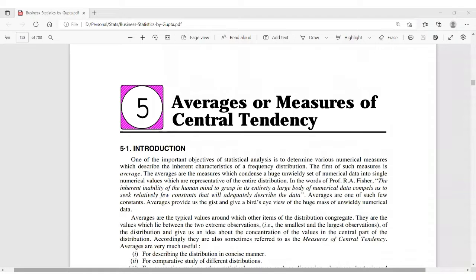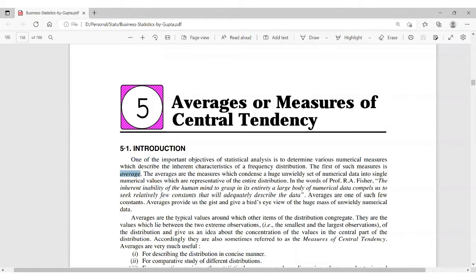One of the important objectives of statistical analysis is to determine the various numerical measures which describe the inherent characteristics of frequency distributions. The first of such measures is the average.